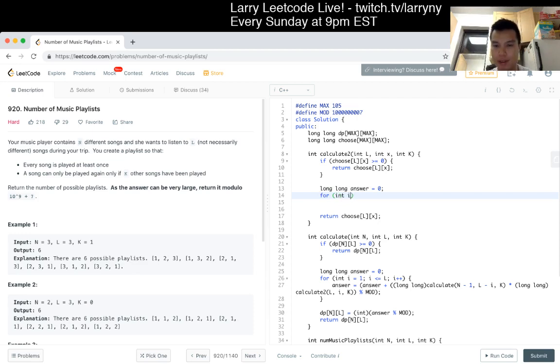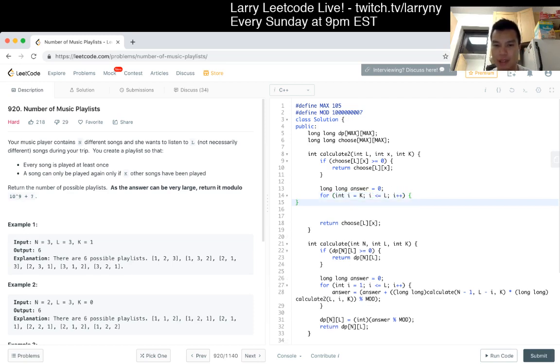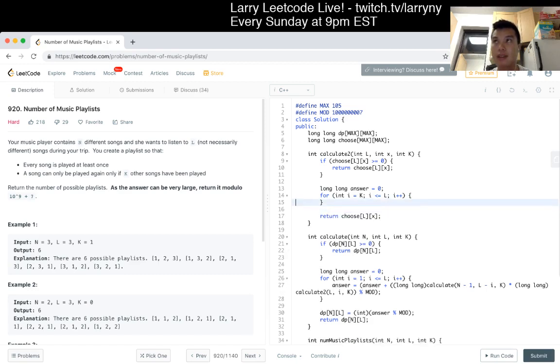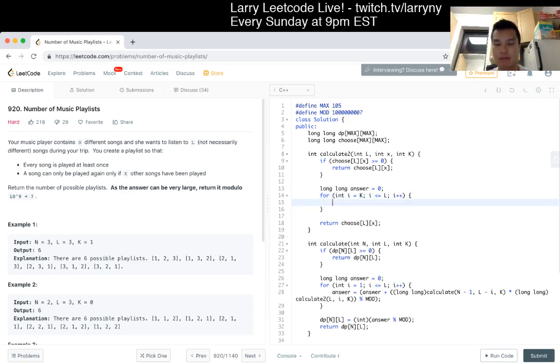So I is equal to K. This may be wrong actually, but it should be okay, but maybe not. Where's the X again?